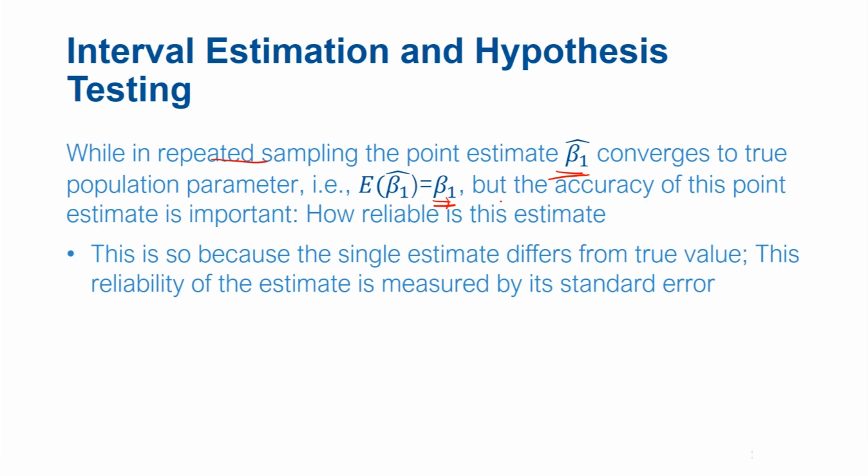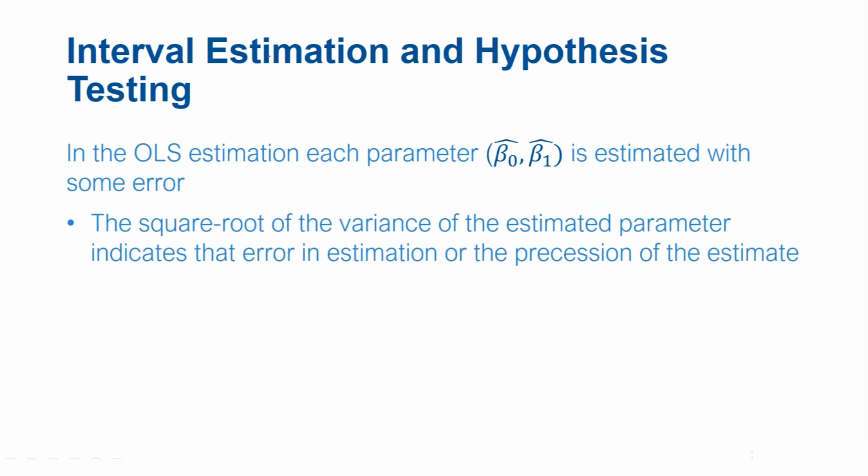And therefore, the accuracy of this point estimate of beta 1 hat is important. How reliable is this estimate? Because this single estimate definitely differs from the true population parameter. And therefore, the reliability of this estimate is measured by the standard error. Please recall that in OLS estimation of the regression model, each parameter estimate, for example beta 0 hat or beta 1 hat, is estimated with some error.